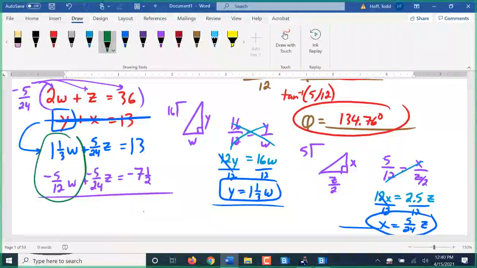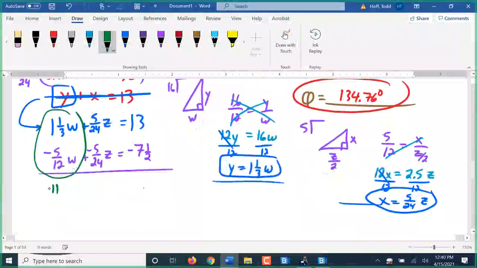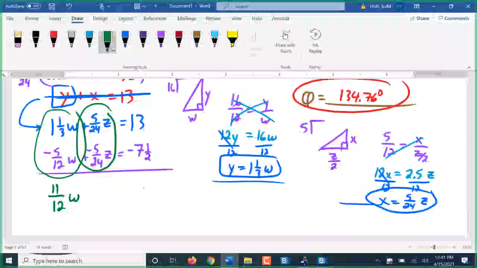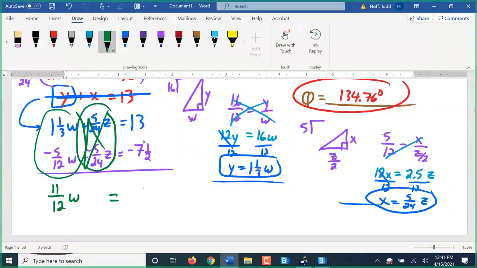So I have 1 1/3 W plus a negative 5/12 W, which is 11/12 W. I have 5/24 Z plus a negative 5/24 Z, that just cancels out, equals 13 plus a negative 7.5, which is a positive 5.5.